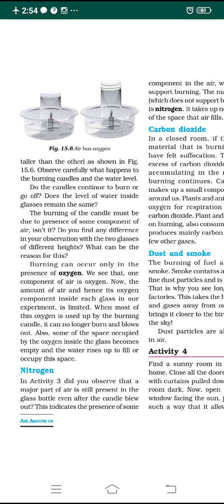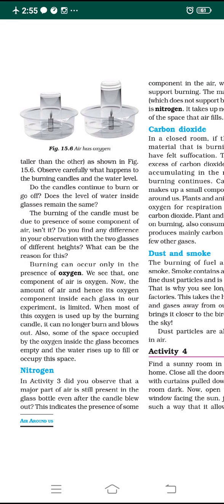Also, some of the space occupied by the oxygen inside the glass becomes empty. Whatever space was occupied by the oxygen gas inside that glass becomes empty, and the water rises up to fill the space. When all the oxygen which helped the burning process is used up, that place becomes empty inside the glass.